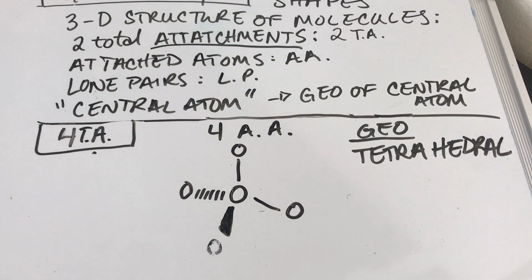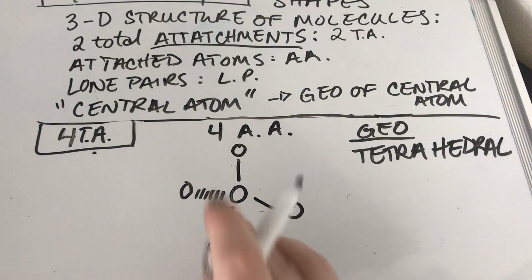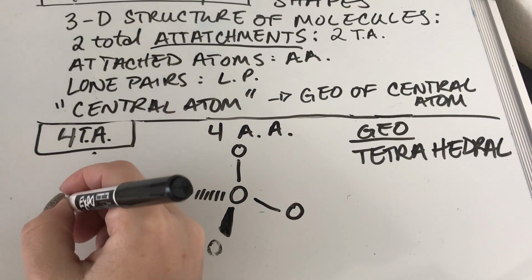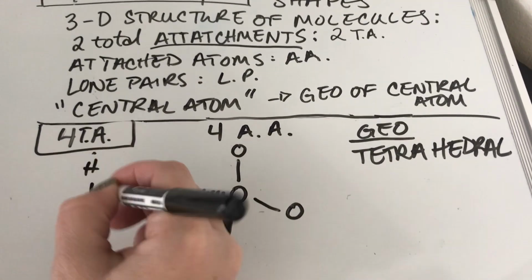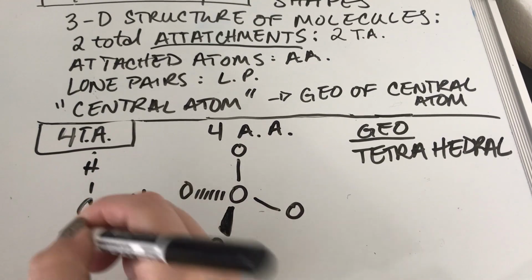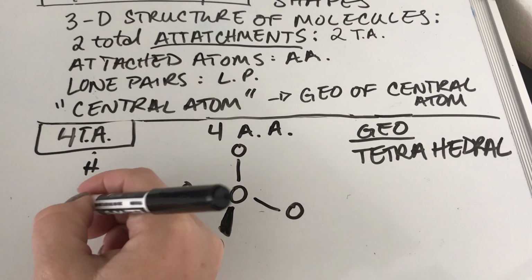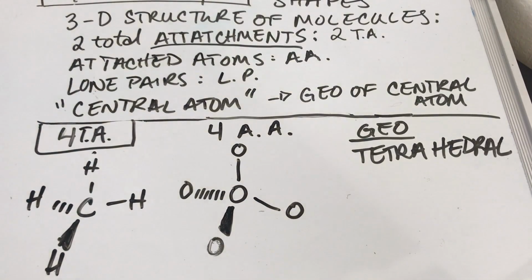But usually, instead of giving chemical names, I would give you the structure and say, what's this geometry? Does that make sense? So it's much more common for me to give you something like, let's say, that, and say, what's the geometry there, right?